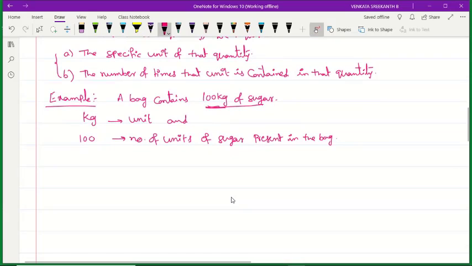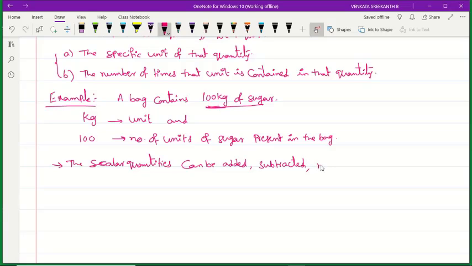One more important point is that scalar quantities can be added, subtracted, multiplied, and divided just like ordinary numbers.